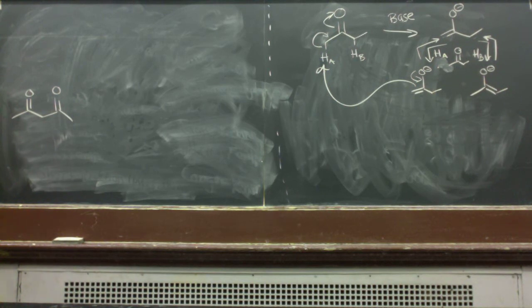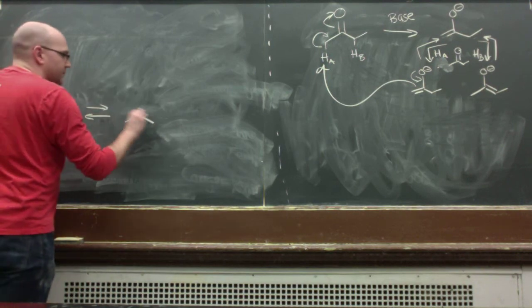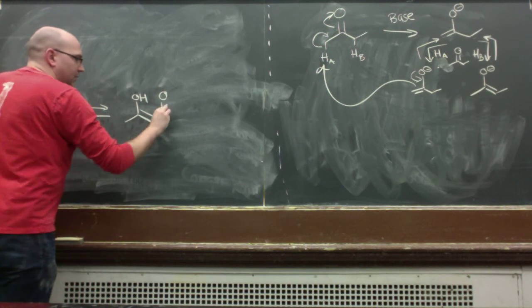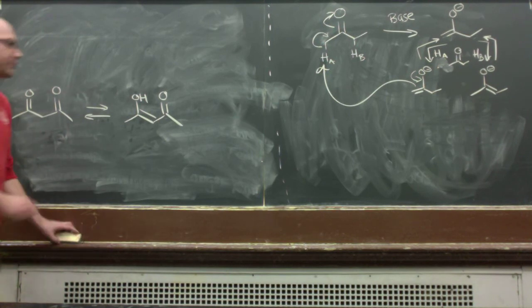The more favored tautomer is the other tautomer, and that form is how they would exist. In which case, this is even more accessible, so it's sort of irrelevant. But good question.